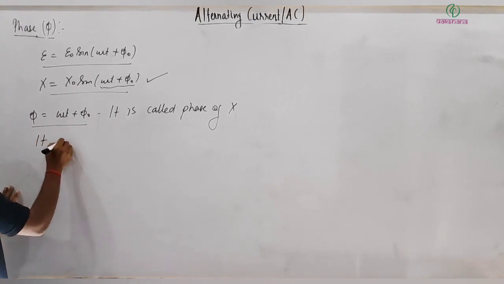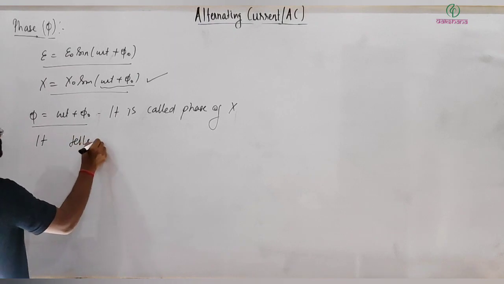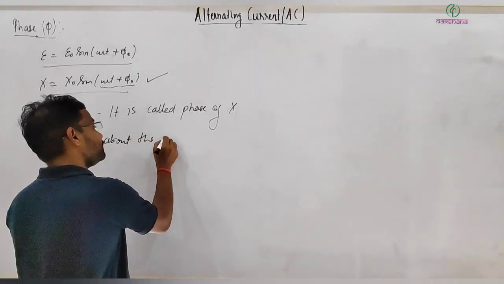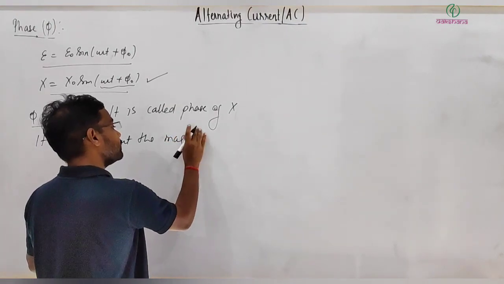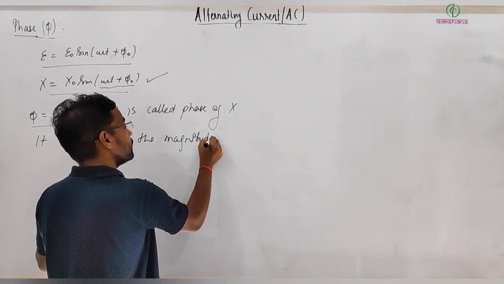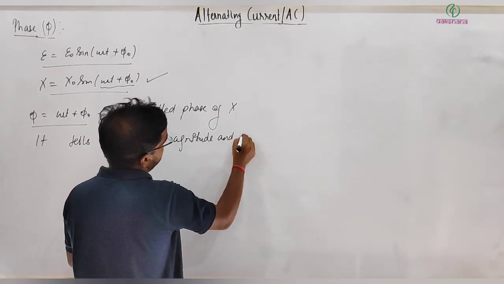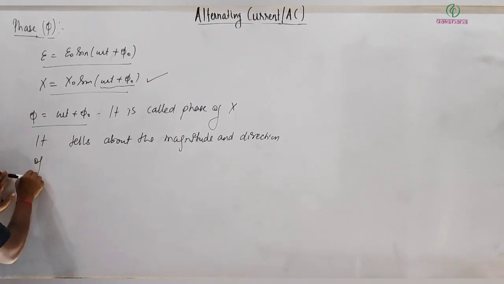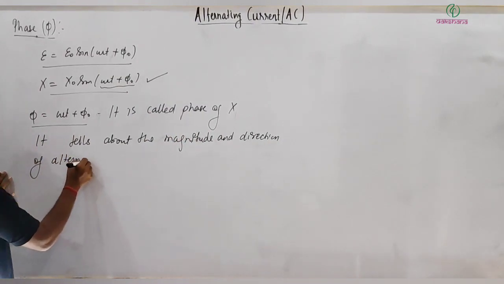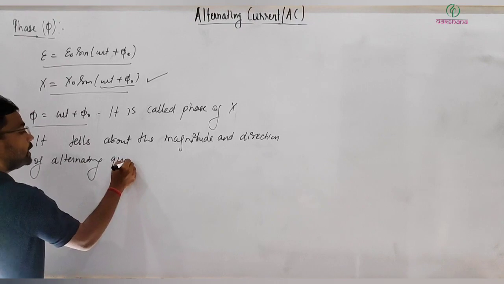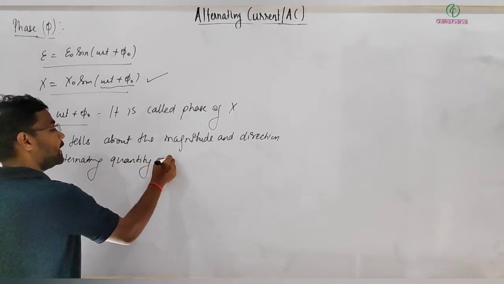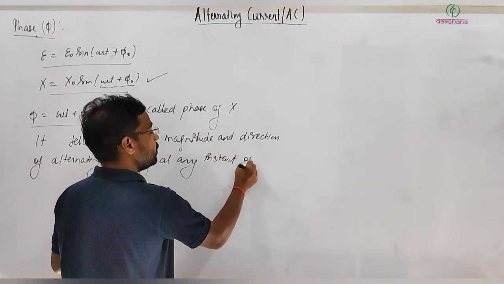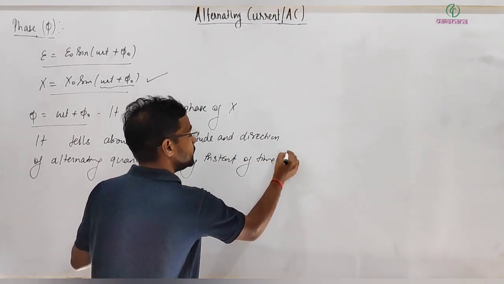Basically it tells about the magnitude and direction of the alternating quantity at any instant of time t.